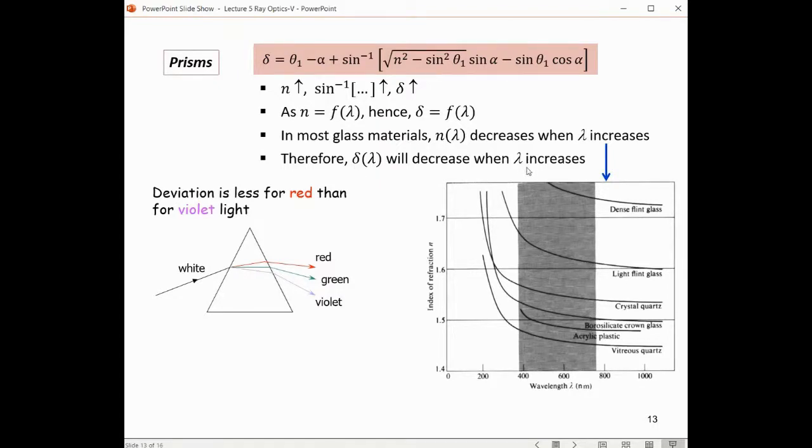If lambda is violet, the deviated angle would be larger. As you can see over here, when we apply an incident white ray to the prism, it will be refracted at different angles for different color components, and as they exit, red gets deviated less, violet gets deviated more. Dispersion here tells us that the refractive index is dependent on lambda.